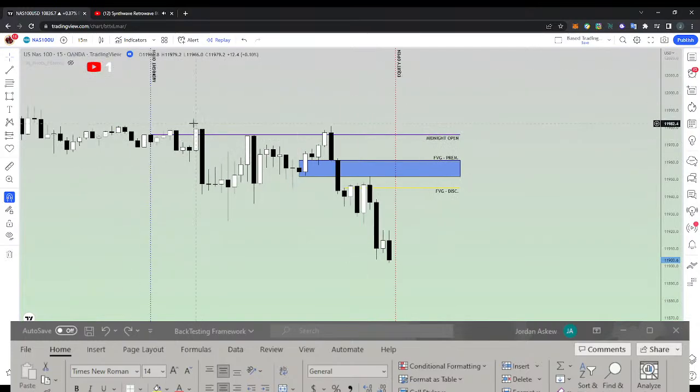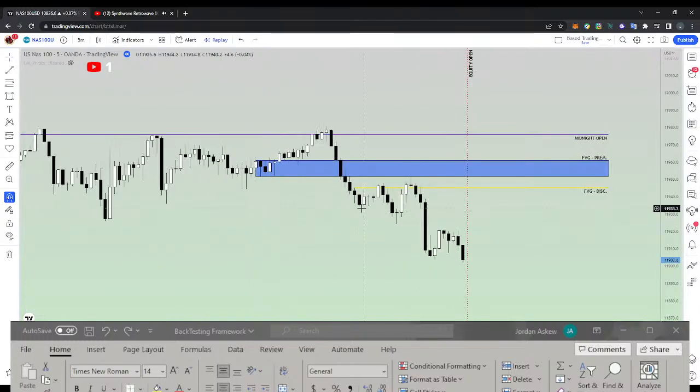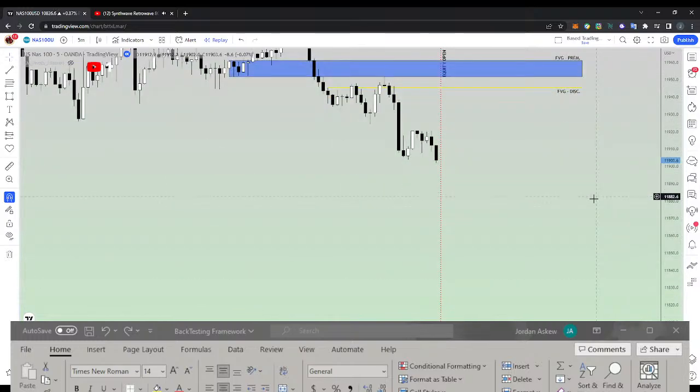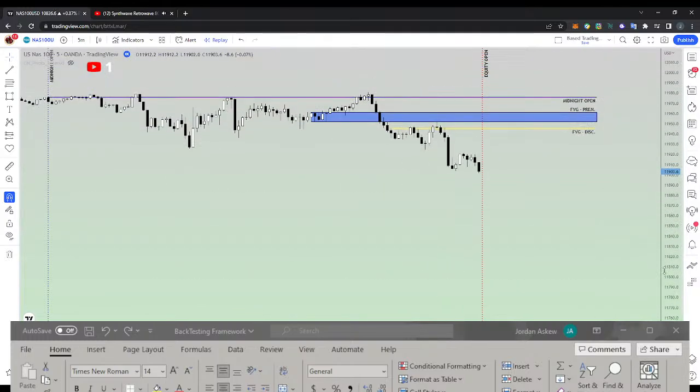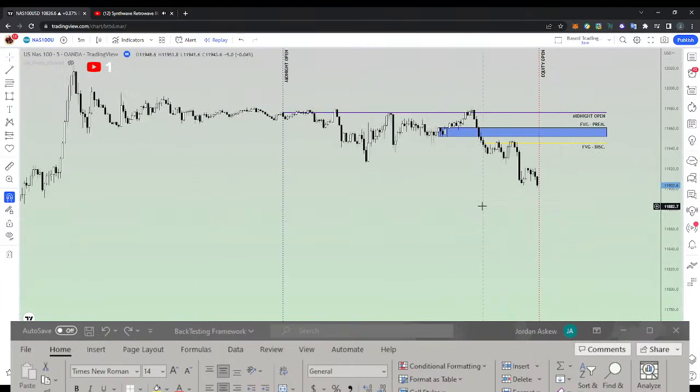now, once we see that liquidity has been taken overnight or after equity open, depending, we're automatically going to drop down to a 5-minute chart. And price could absolutely run away from us here, and we just have to look for a continuation fair value gap, but that's okay, no problem.